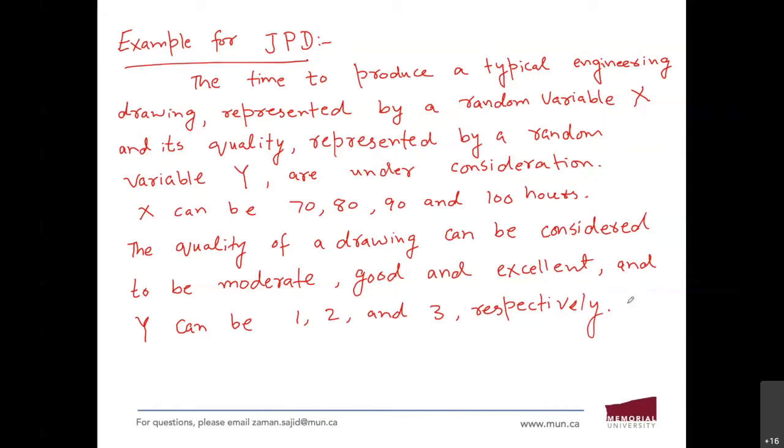If 100 such drawings are evaluated, the following table is constructed.